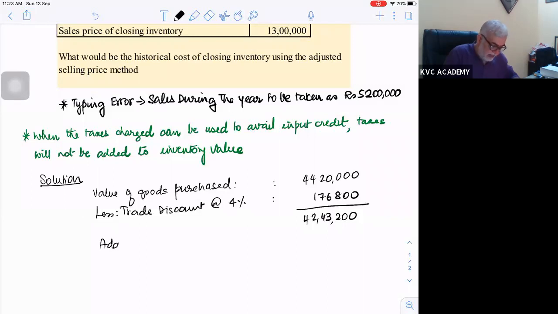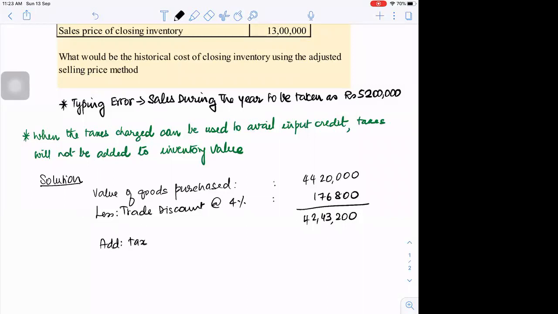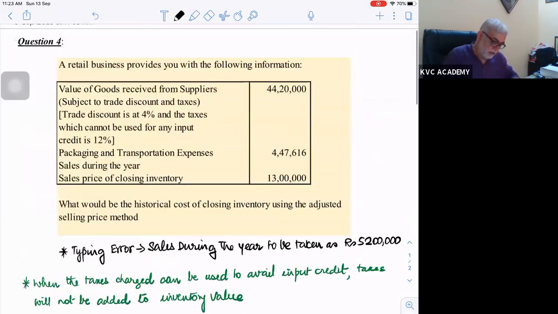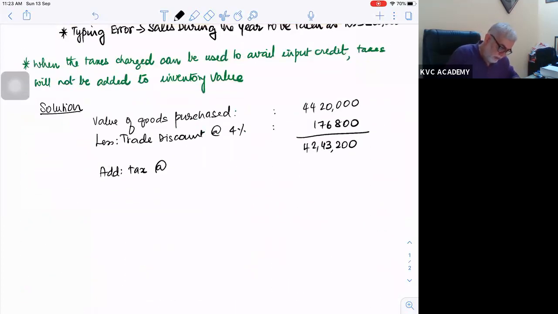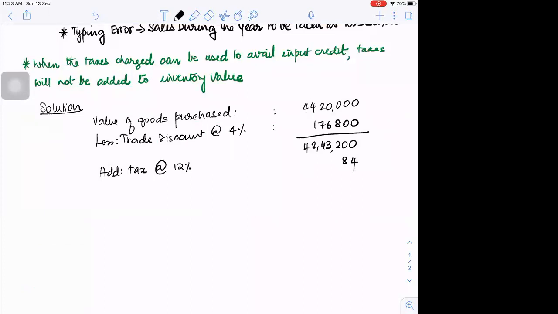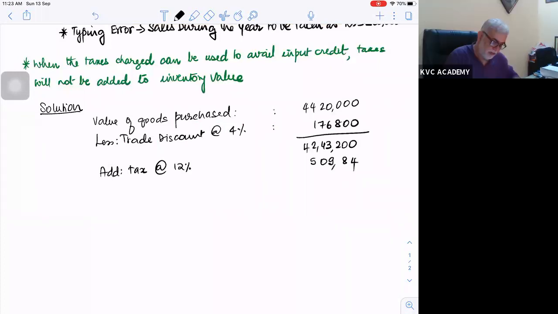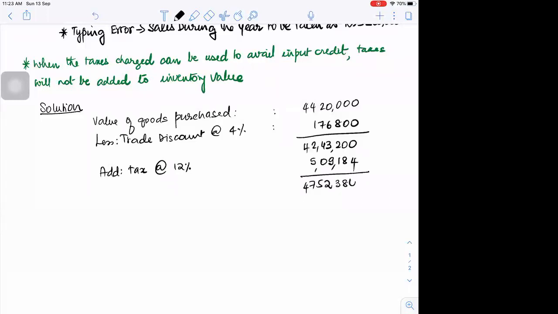And to this you will add the tax. The tax is at 12%. That is 509,184. So when I add this up, 47 lakh.